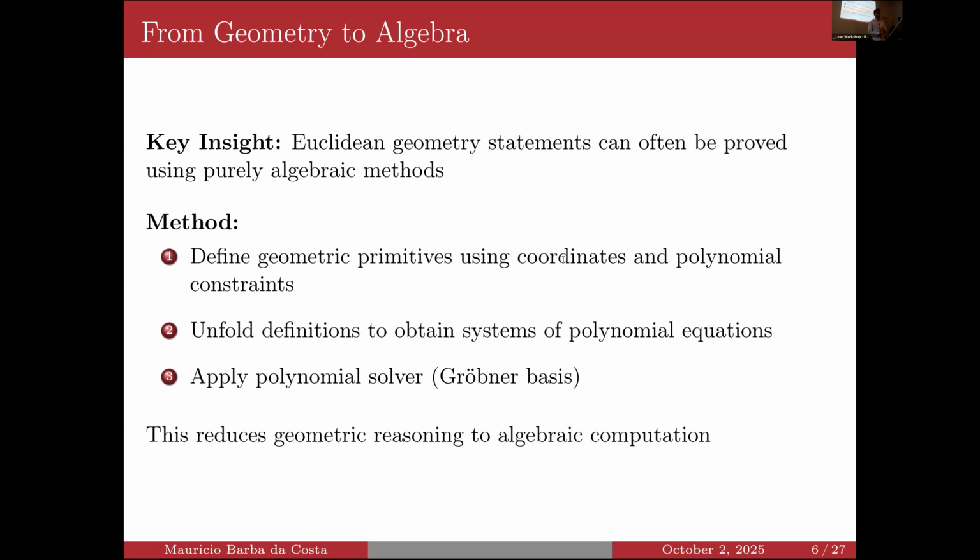You're going to unfold those definitions to obtain a system of polynomial equations, and then you can use algebraic solvers like Grobner basis methods to do theorem proving there. And so this reduces geometric reasoning to algebraic computation. Geometric reasoning can be more complicated. On the other hand, for algebraic computation, there's a lot of work that's already gone into studying this and trying to solve this.